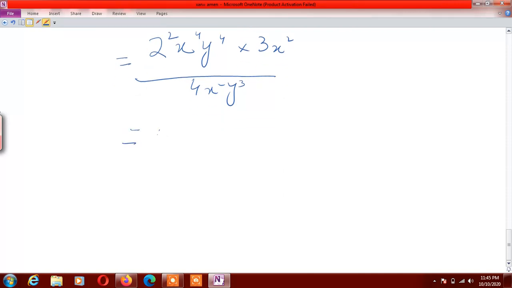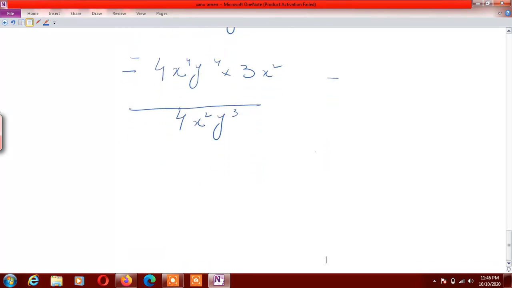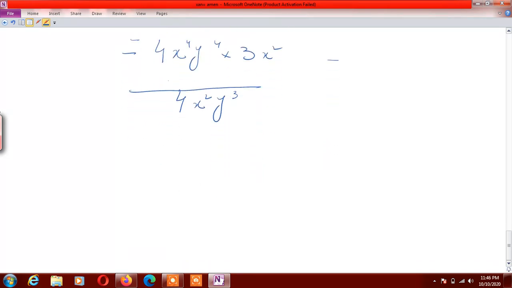So 2 square makes what? 4, x power 4 y power 4, multiply 3x square, divided by 4x square y cube. Now what we are going to do, we'll first multiply the numbers.